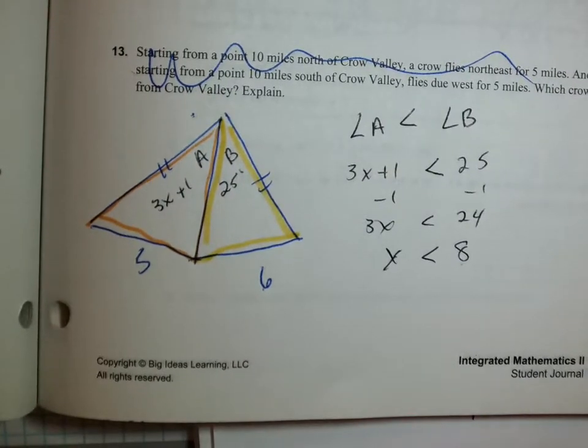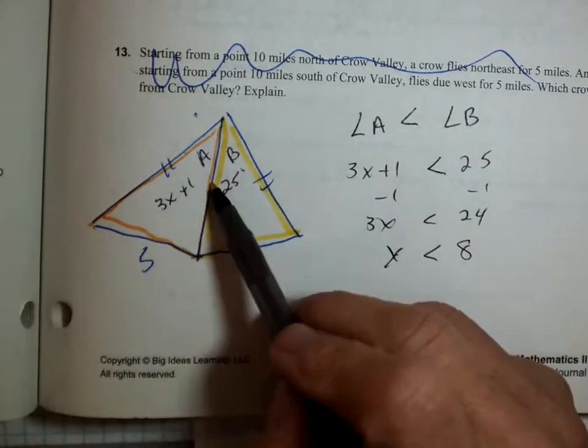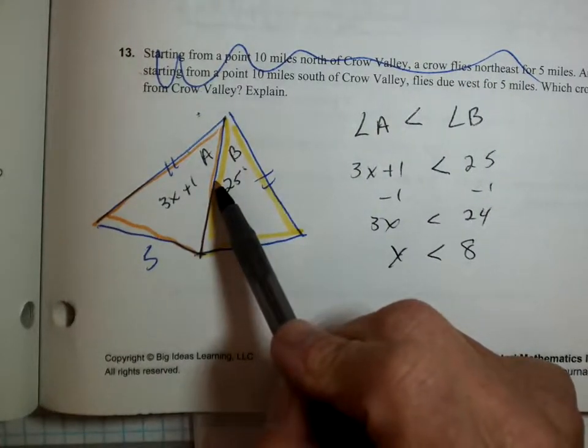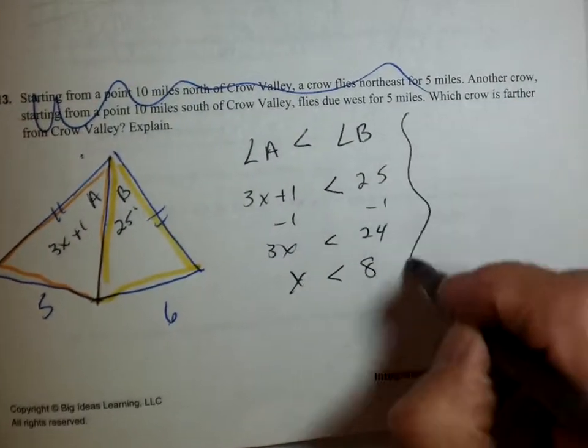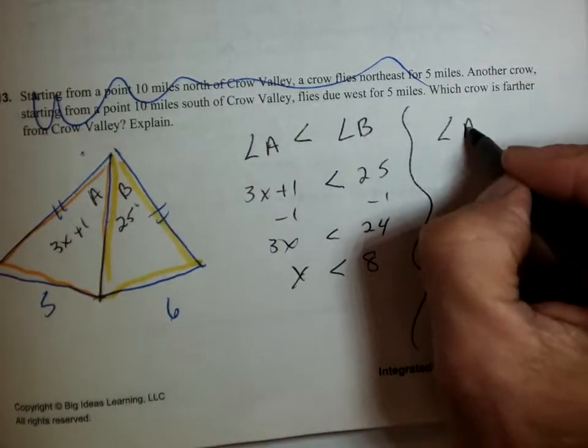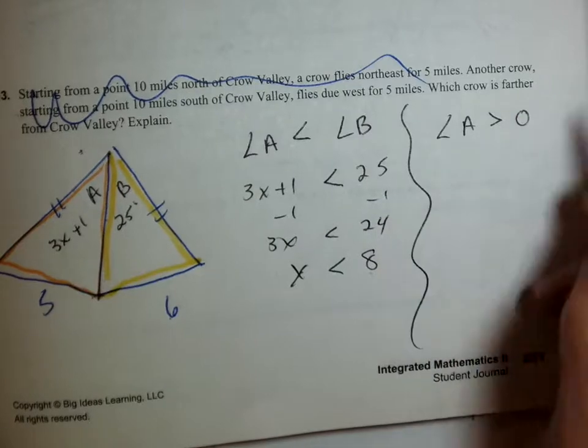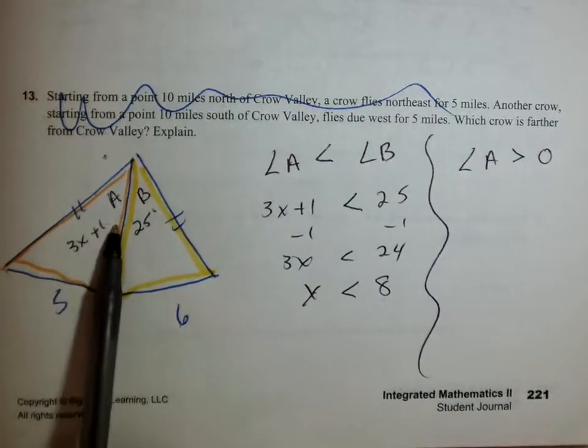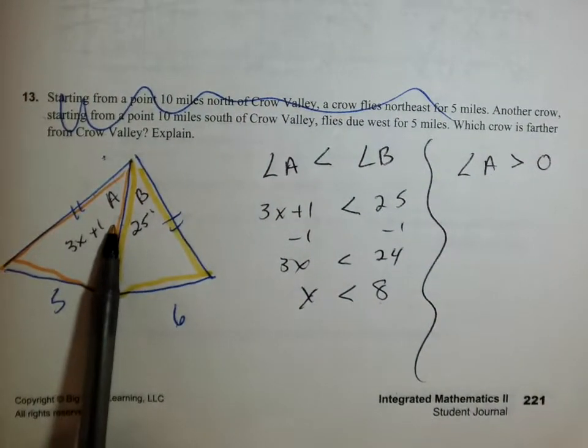Good, okay? But there's one other thing that we have to be careful of. Angle A can't be 0. Okay, so there's more to this picture, okay? There's more. Angle A has to be greater than 0. Has to be. Because if angle A is 0, there's no angle. Okay?